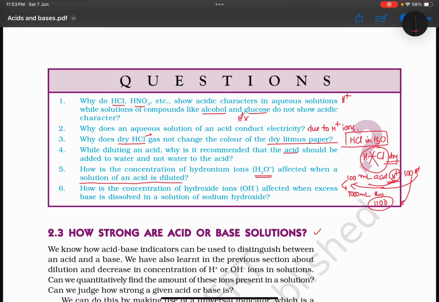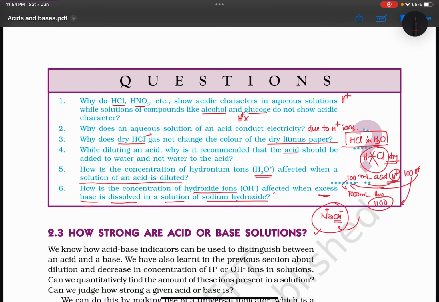How is the concentration of hydroxide ions affected when excess of base is dissolved in a solution of sodium hydroxide? Already sodium hydroxide solution is there, means NaOH, Na plus and OH minus ions are there. Now again you are adding OH minus ions, excess base when you are adding.